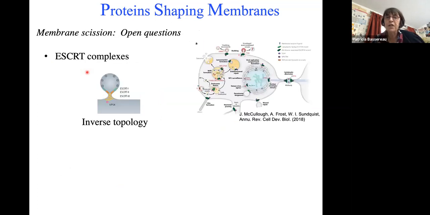In terms of fission, there are also other proteins involved in another type of topology. One of them is called BIV. The BIV are involved in many processes. You can see on this scheme the different processes where the BIV can be involved. The most known one is cytokinesis.